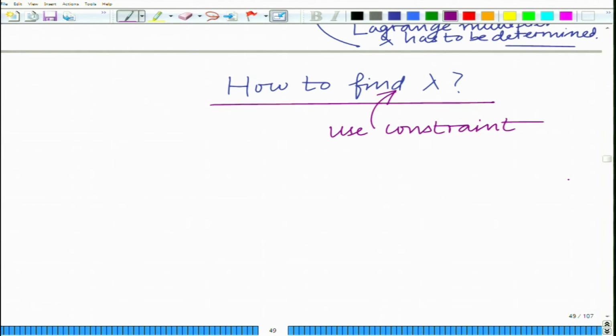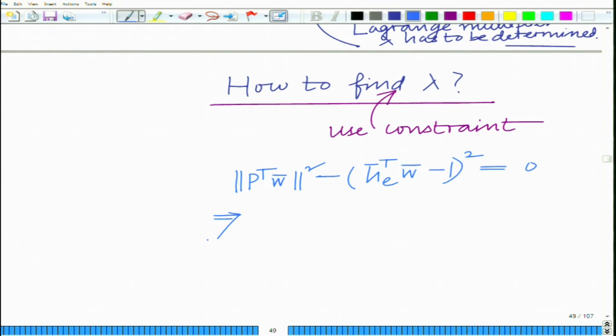And what is the constraint? Remember, our constraint is that the norm of P transpose W bar squared minus H bar transpose E into W bar minus 1, whole square, equal to 0.